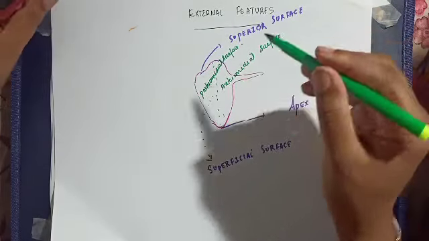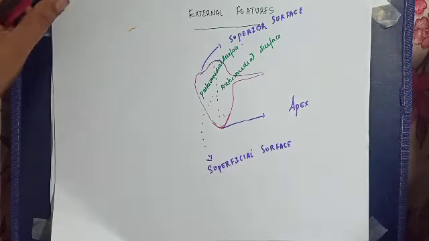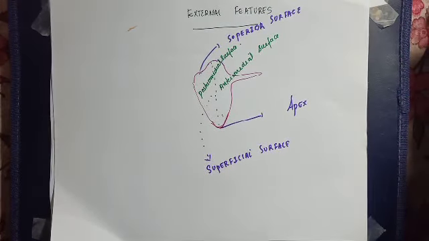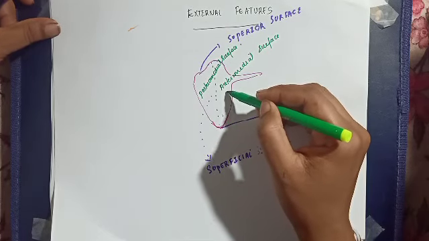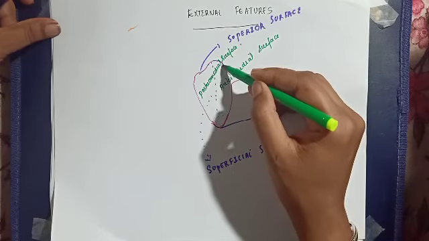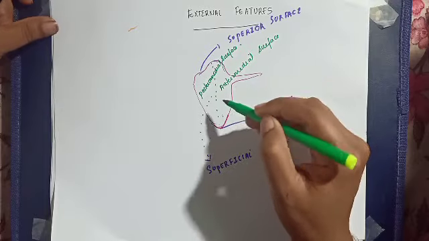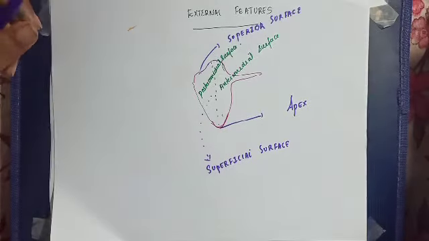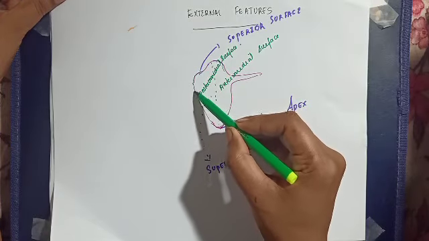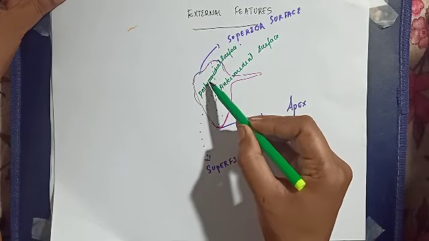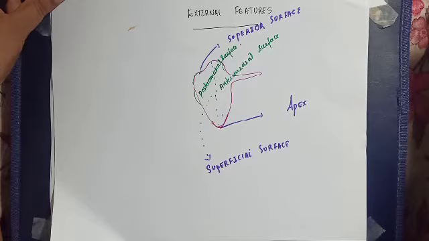Now about the borders, can you see here an anterior border which is separating the superficial surface from the anteromedial surface. And you can see a posterior border here which is separating the superficial surface from the posteromedial surface.